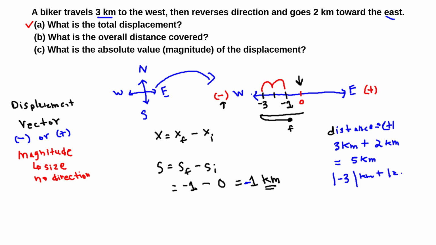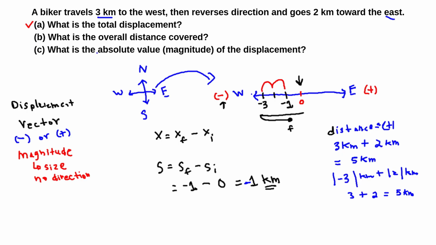You simply go ahead and add. So the absolute value of negative 3 is 3, and the absolute value of 2 is 2, right? 3 plus 2 is 5. So that makes a lot of sense now. This is the difference, guys, between distance and displacement. Don't get confused about it.